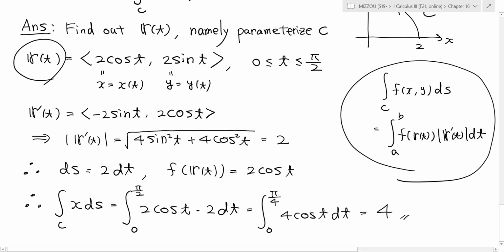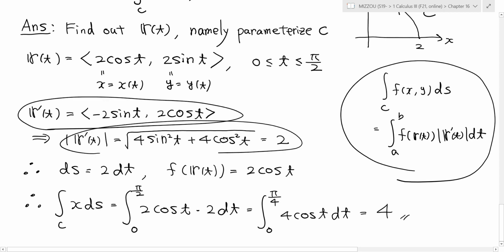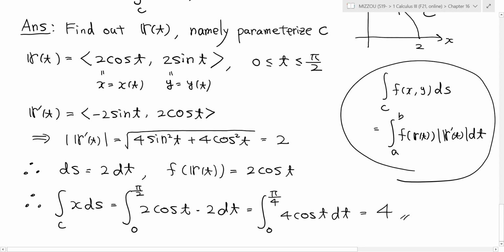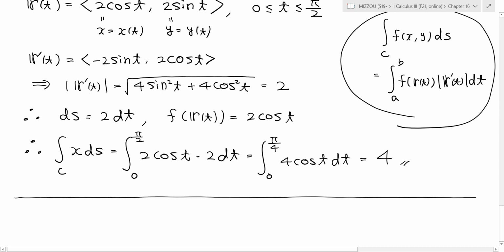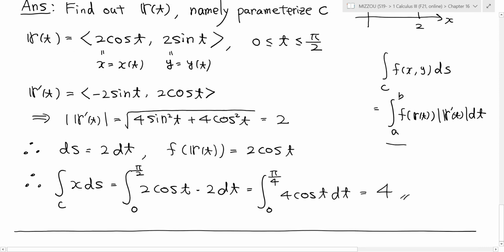So in that case, you don't have to do it. And then after that, what you have to do is just compute the derivative and its magnitude, and then stick into this formula.